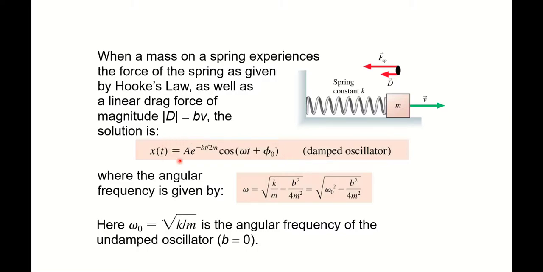And it looks like this, where we have some maximum amplitude, but it's got this exponential term where the exponent is proportional to the strength of that damping force, b, times time, divided by 2 times mass. And it has a similar cosine term in the argument here, cosine omega t plus phi naught. Now, in this case, the omega is actually equal to a modified angular frequency.